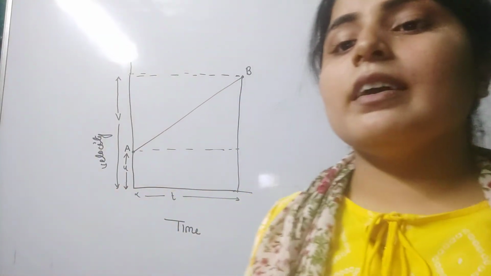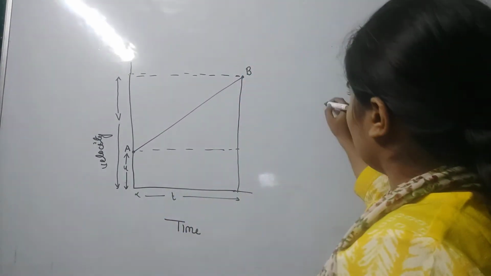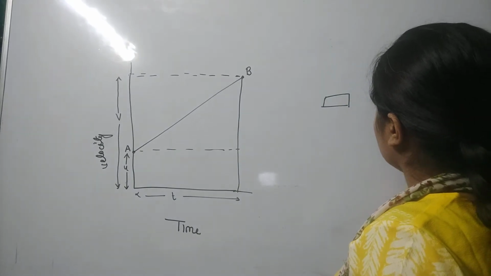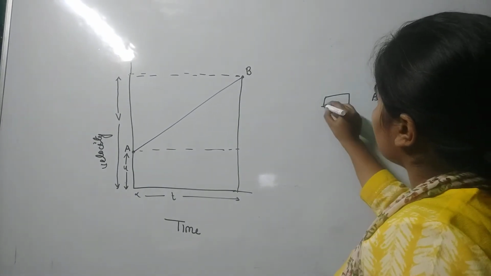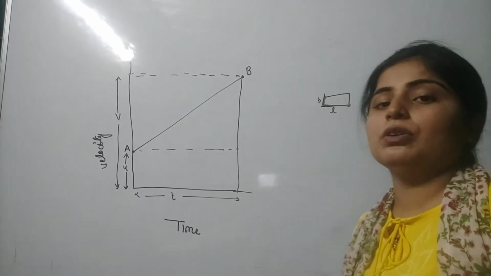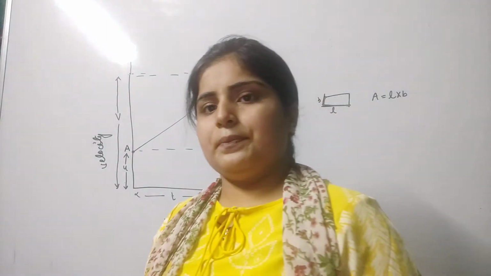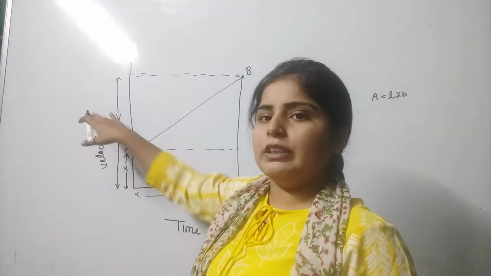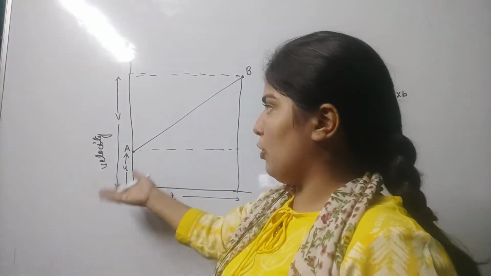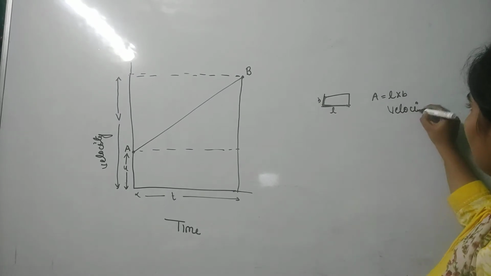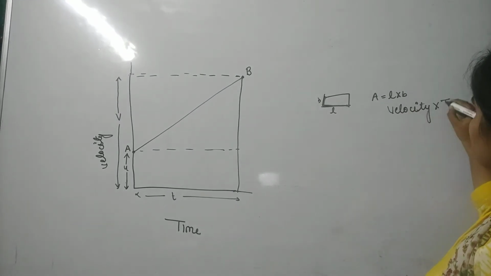Now, as I have explained earlier, the area of a rectangle is length into breadth. If this side is length and this side is breadth, then the area is length into breadth. Here we are representing the velocity along the y-axis as length and the time as breadth.